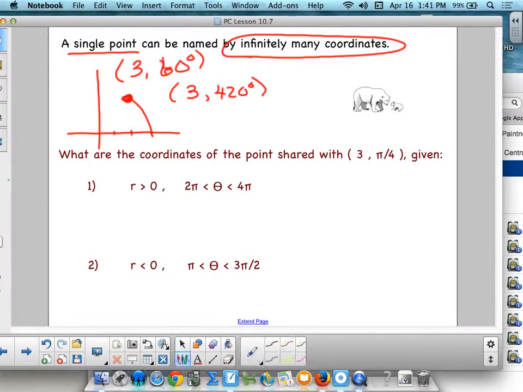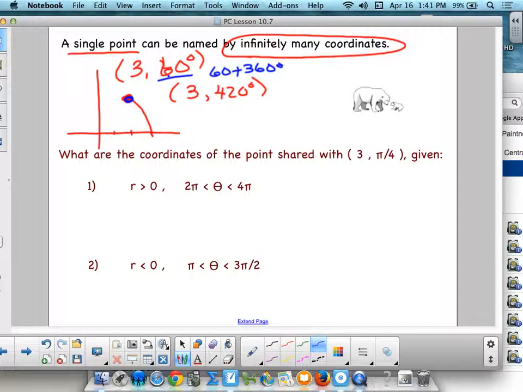How'd you get it? I added 360 to 60 degrees. Right, so here's what she does. She says, if I want that same point, but a different ordered pair, she takes her angle and she just adds 360. So to get from there to there, it's just 60 plus 360. And she's right, that is another ordered pair.